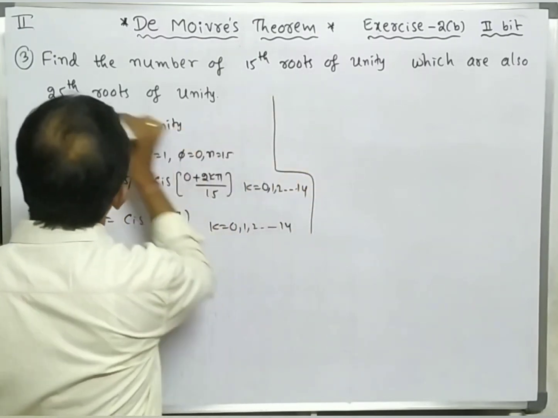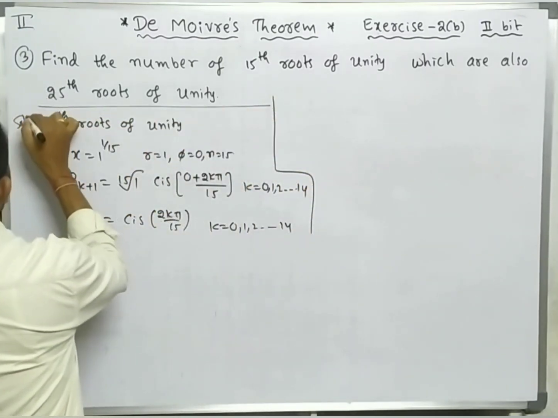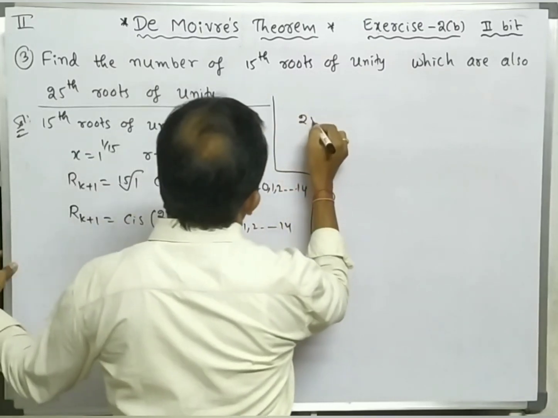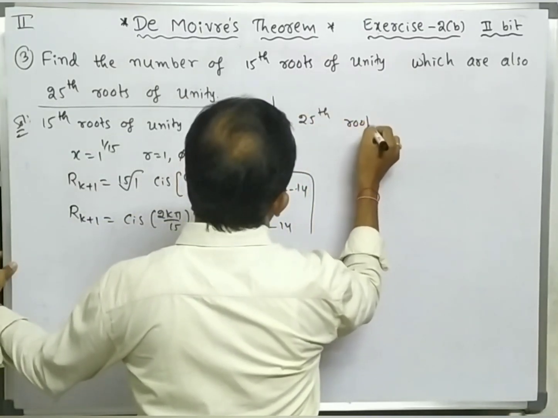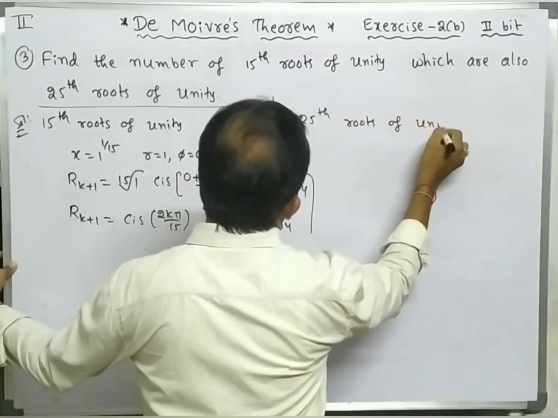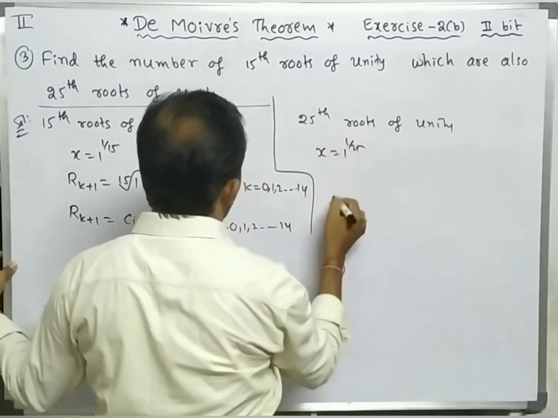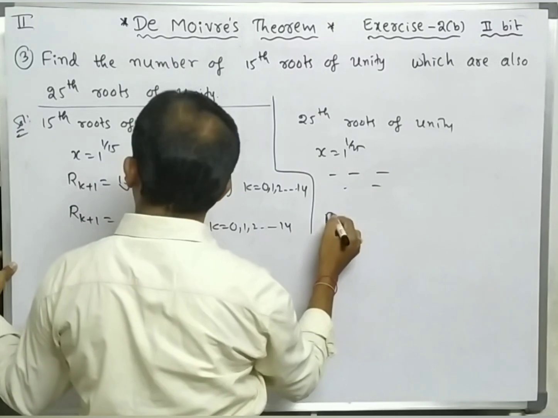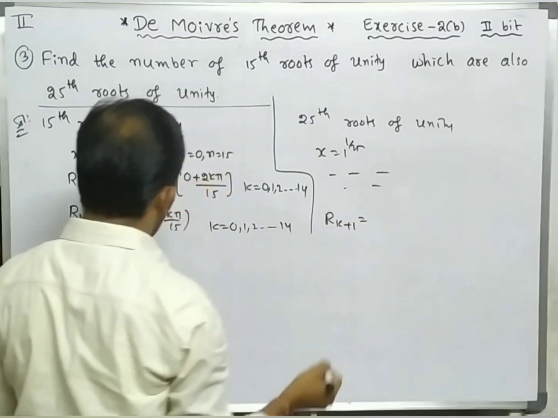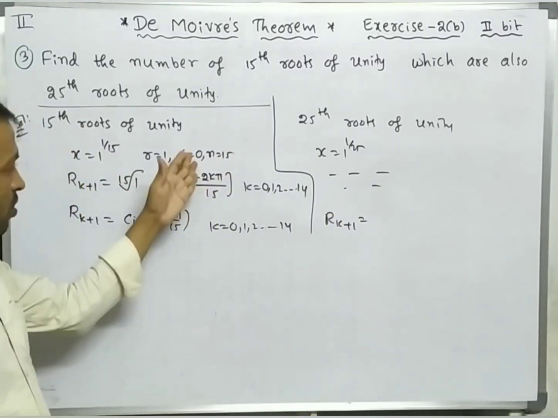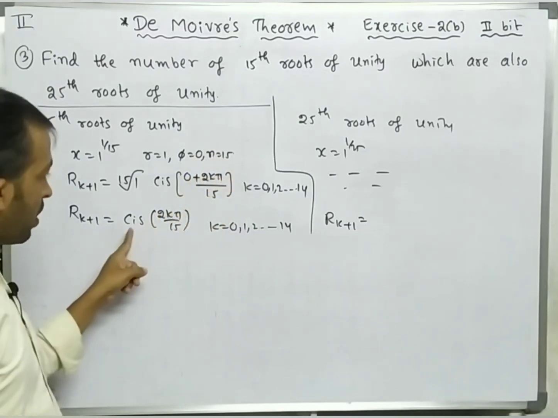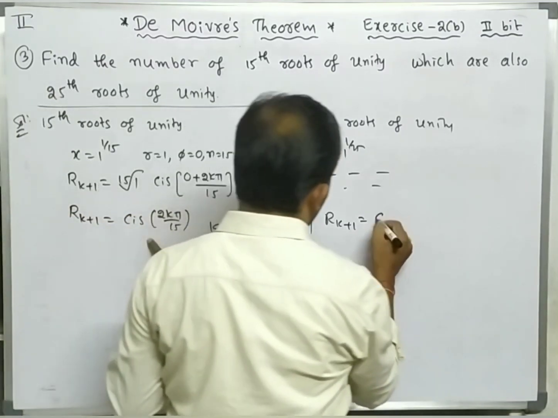Next, 25th roots of unity. Okay, so that means x is equal to 1 power 1 by 25. So simplify it, you will get finally r_k plus 1 is equal to same theta value 0, r value 1, but n value 25. Therefore we will get cis.